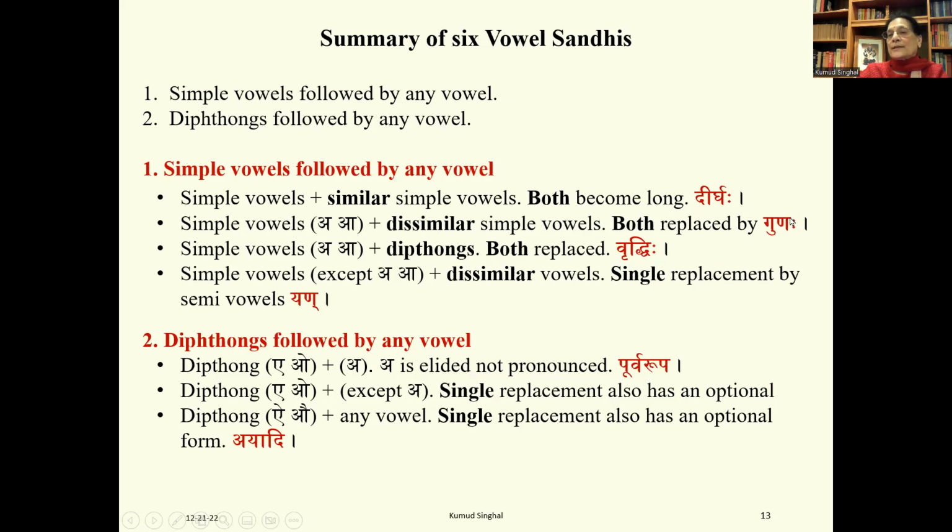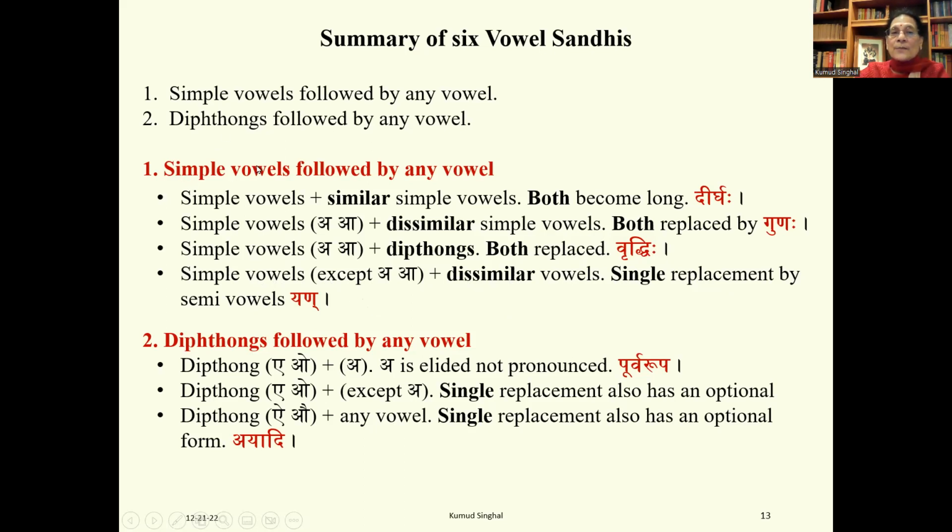So this is your guna sandhi. And if simple vowels a or aa are followed by diphthongs, then both are replaced, like a and e will be replaced by ai. So you have Vriddhi Sandhi. And if simple vowels except a or aa are followed by dissimilar vowels, then there is a single replacement by the semi-vowels, that i is replaced by ya, u by va, and so on.